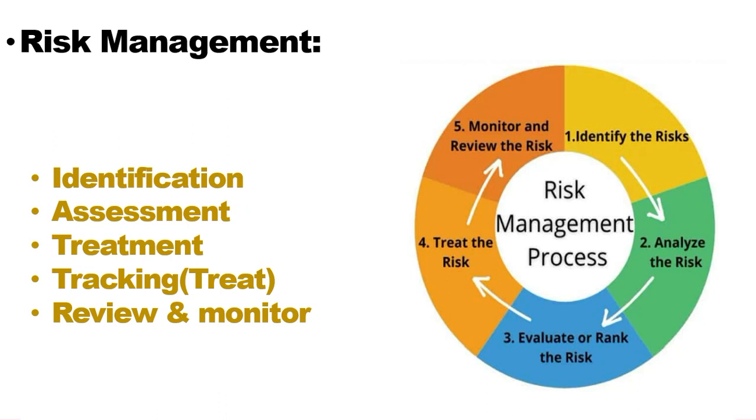So risk management goes in 5 phases normally, and it is the process of reducing and maintaining risk at an acceptable level. Like I mentioned, to reduce the risk so it can be at an acceptable level.